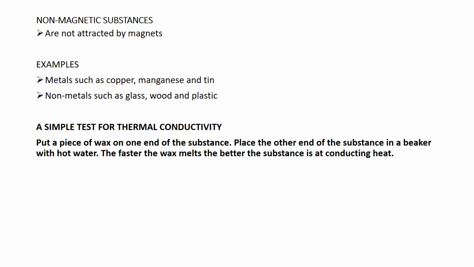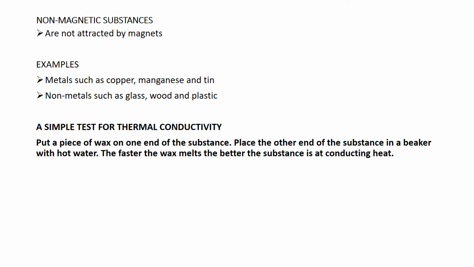Okay, so we talked about thermal conductivity, but I didn't really tell you how you can test for it. Remember, thermal conductivity is how good a substance can conduct heat. So you can take a substance that you want to test, put a piece of wax on one end, and put the other end in a beaker with hot water.